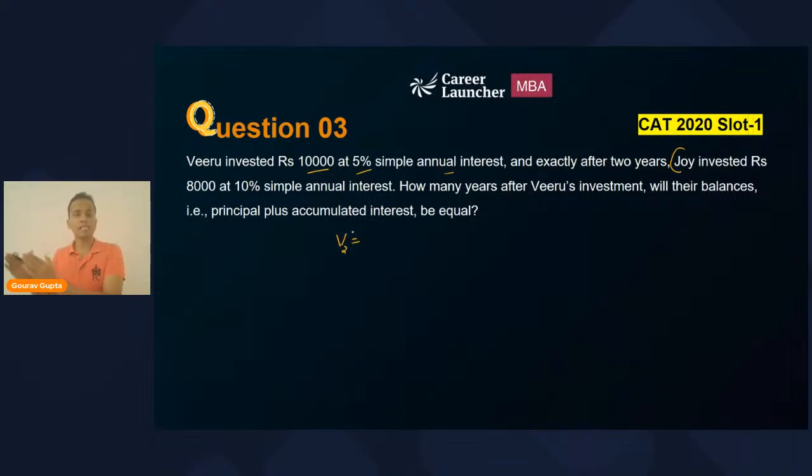When Joy invested the money, at that moment, what is Viru's final investment? I want the amount after 2 years for Viru. Come on, post it in the chat box. I'm waiting for each and every one of you.